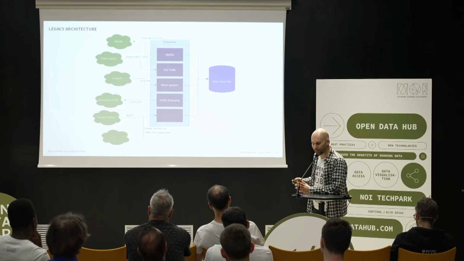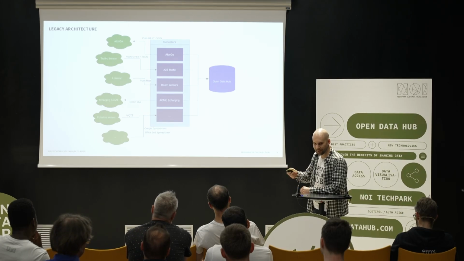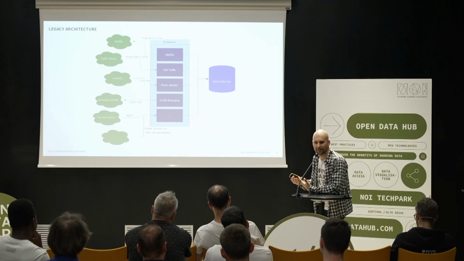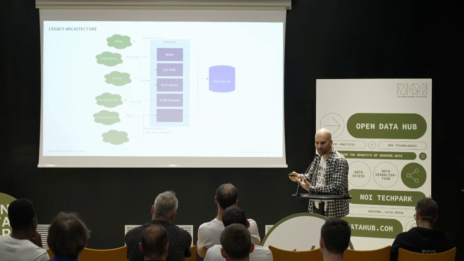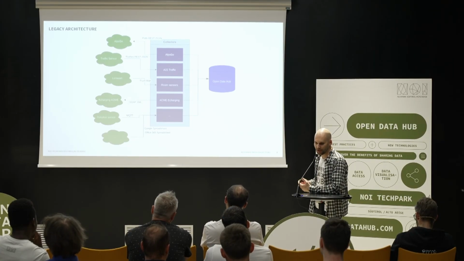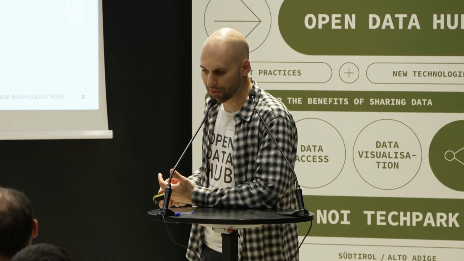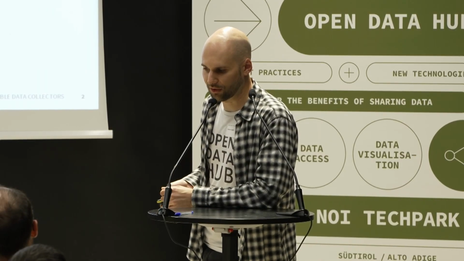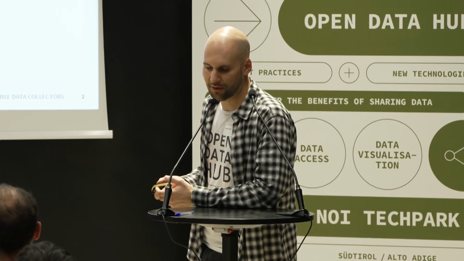They make the REST request and then translate it into our Open Data Hub format. We have our own schema for data to be ingested in the Open Data Hub, and the data collectors do both things. They get the data, then they transform and normalize it, and then they put it into the Open Data Hub. This is very specific to each implementation.